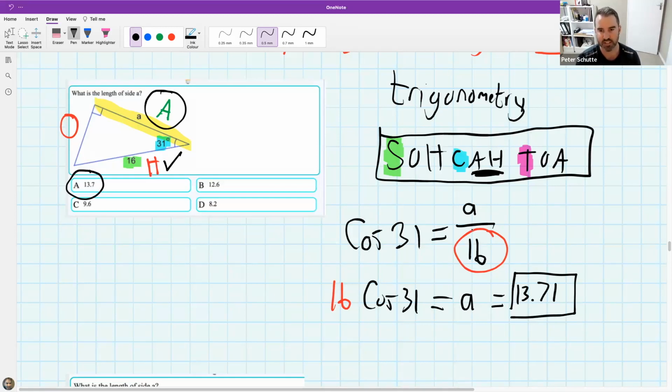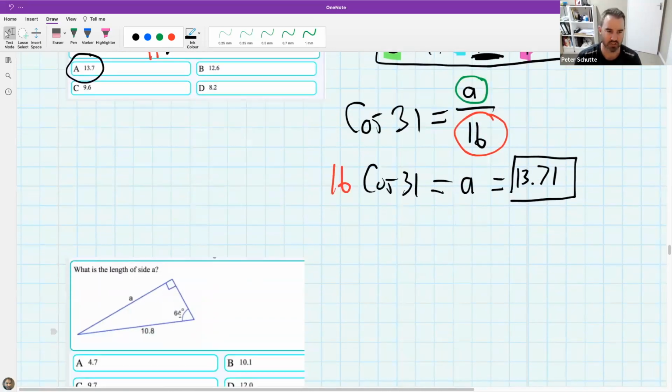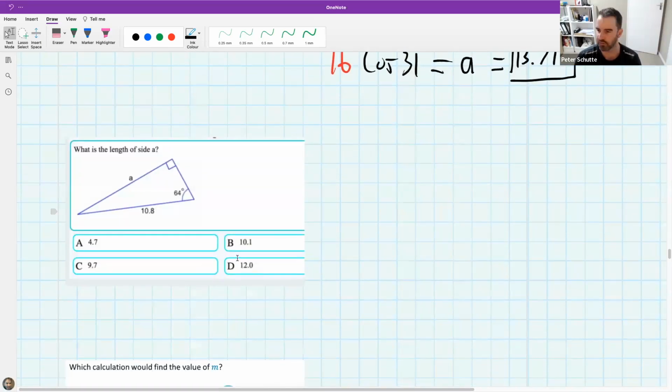I wrote it down, and then I solved for the A value that I was looking for. Now, again, if you are unsure about doing this, it's a good idea to maybe look at some of the grade 10 stuff on this. But we're going to practice one more now just to kind of make sure you're in the mood for this.